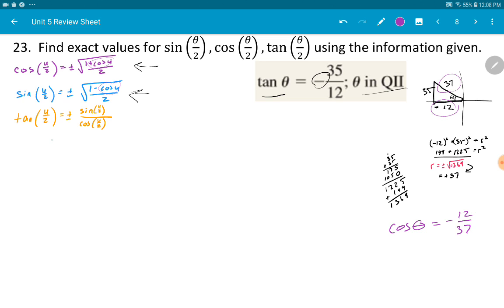All right, so now I'm going to use the half angle formula for cosine: cosine of u over 2 equals plus or minus the square root of 1 plus negative 12 over 37, all over 2.